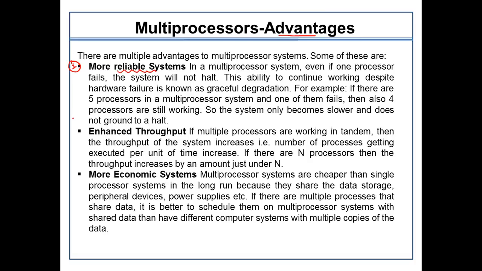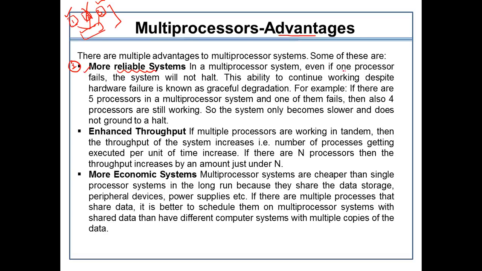If within my machine I have, let us suppose, three processors, then I can rely on my machine more, because what if one processor is down? I know that the other two processors are working. My work will not halt. That is why this multiprocessor architecture provides us reliable solutions.